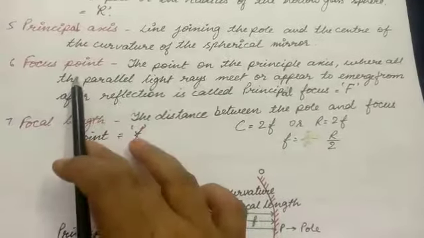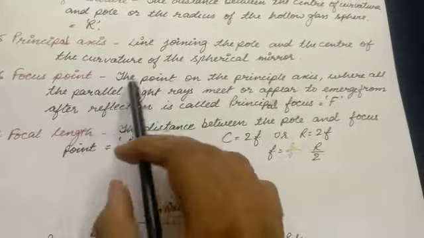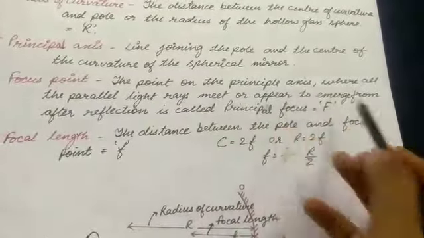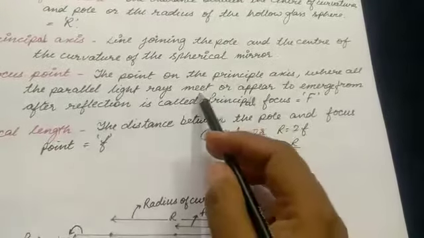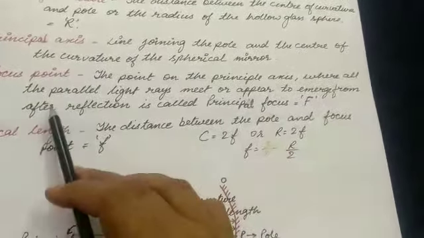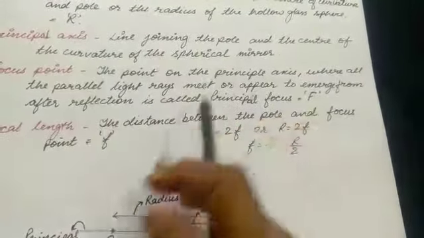Now the next thing is the focus point. The focus point is a point on the principal axis where all the parallel light rays meet after reflection, or appear to emerge from after reflection. This point is called the principal focus.